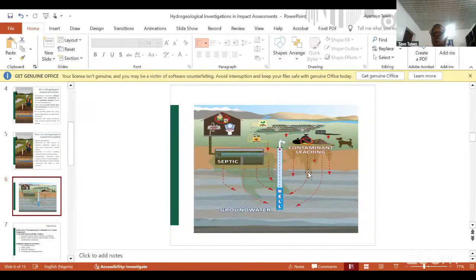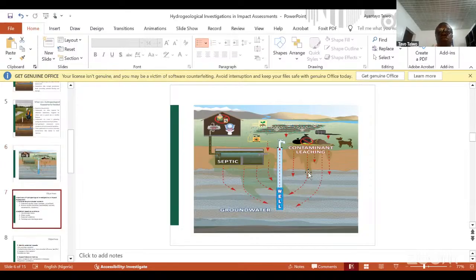We have what we call just a dump site. And these things are important. A lot of things that cause diseases are actually waterborne if we're not careful. And that's why hydrogeological investigations as part of impact assessment are very, very important.